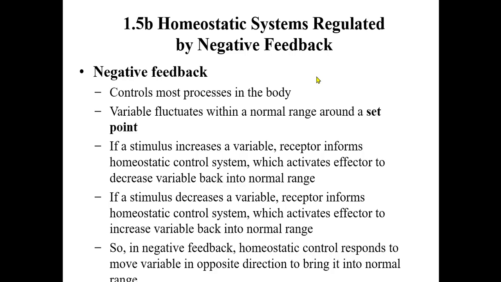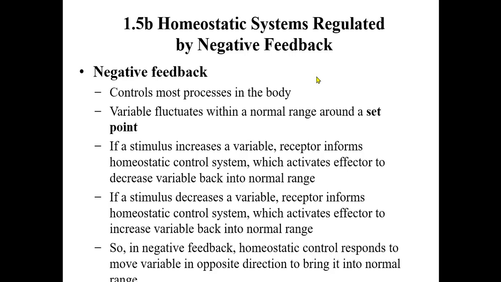A good example is if your blood sugar is going up, then your body is going to try to lower the blood sugar. If your body temperature is going up, then your body is going to try to lower it. That's what I mean by opposites. Some people call it a seesaw effect, and that's exactly right. If one side's going up, then the body is going to try to raise the opposite side so it can make it go down.